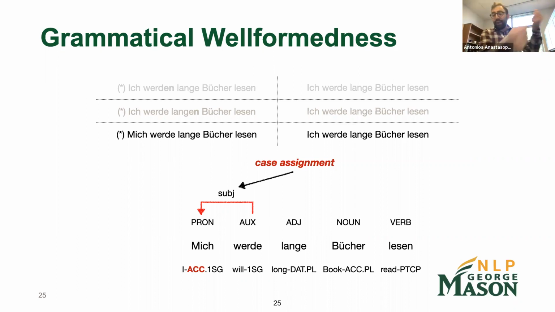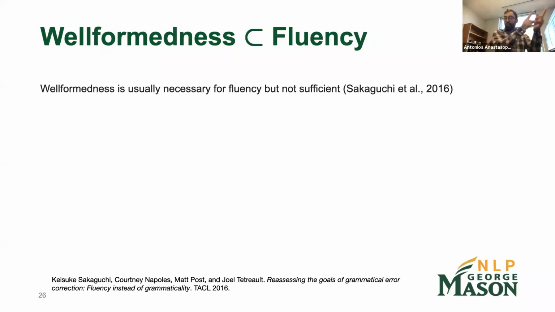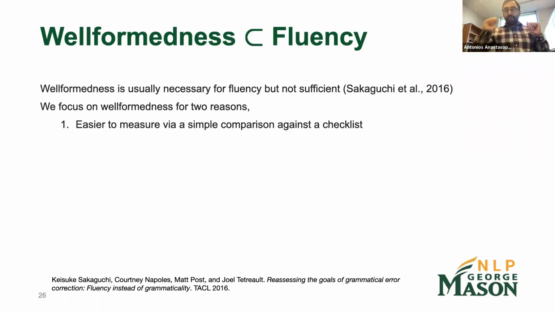And we want a way to evaluate the well-formedness of the text that they generate. Notice that well-formedness is different than fluency. Well-formedness is necessary for fluency, but is not sufficient. But it's easier to focus on well-formedness because we can have a checklist of rules that we want our outputs to satisfy, so we can easily measure.